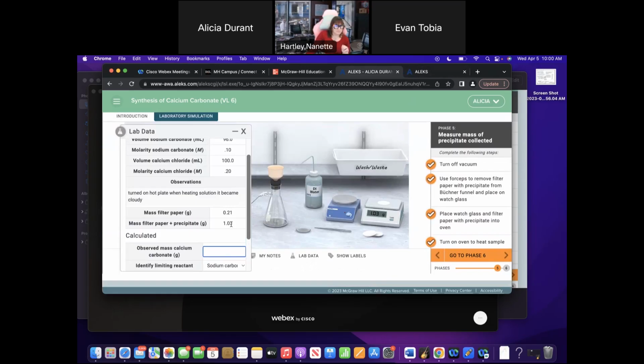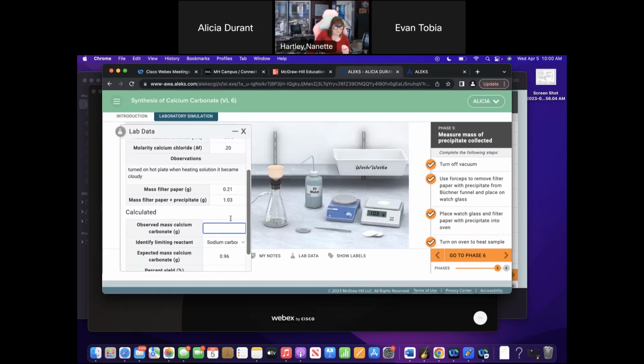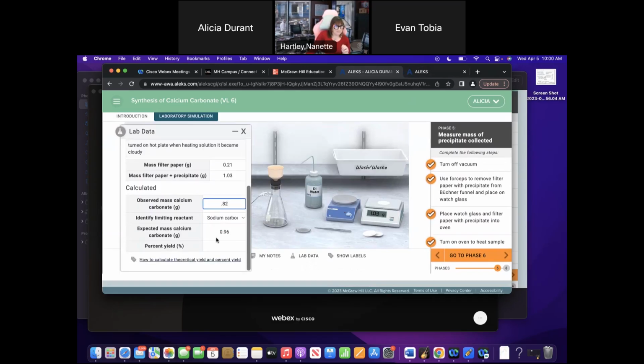So 1.03 minus 0.21. Correct. Okay. Now, how do we calculate a theoretical percent yield? Times 100%. Well, okay, but what times 100?